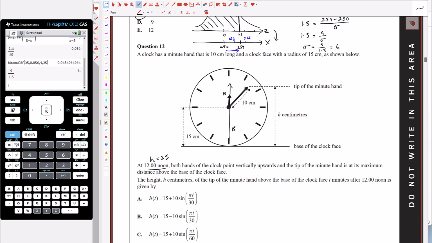The height h centimetres of the tip of the minute hand above the base of the clock face t minutes after 12 noon is given by.